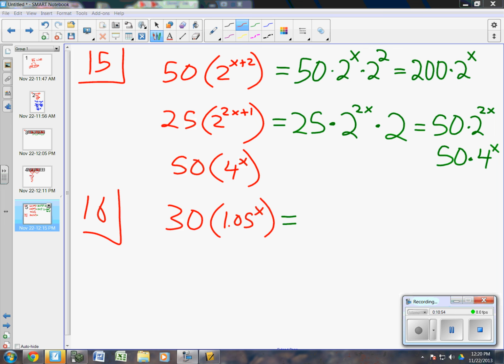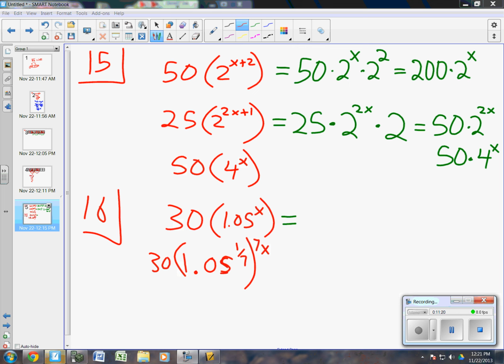Okay, so let's write the next one down. 1.05. We had 30 times that, right? 30 times 1.05 to the 1/7 power, and that's all raised to the 7x power.